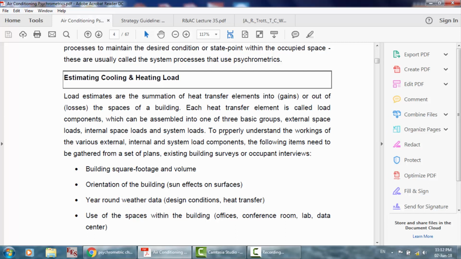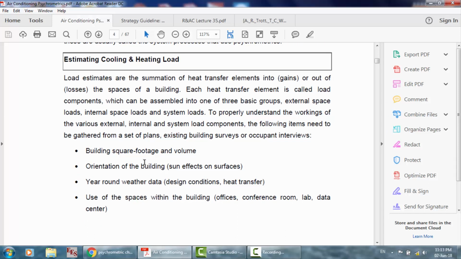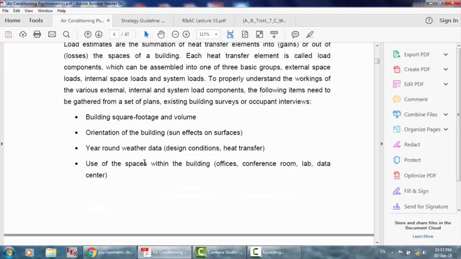To properly understand the workings of the various external, internal, and system load components, the following items need to be gathered from a set of plans, existing building surveys, or occupant interviews.